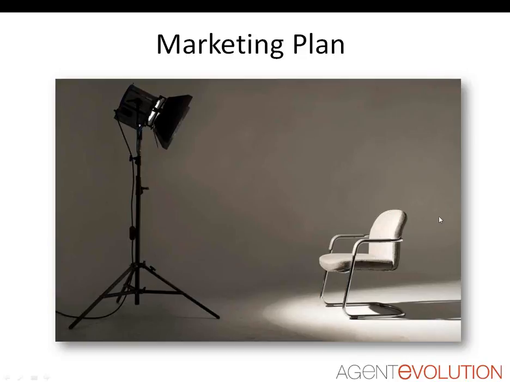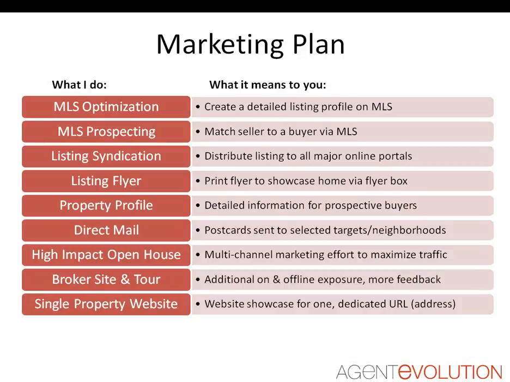And let's take a look at some of the specific things that you could be doing and sharing in your marketing plan. Now you may have a marketing calendar or a marketing calendar example of what you would be doing throughout the process, or you could just be itemizing and showing what you do and what that really means to the seller, because they're definitely going to be interested in how you're going to gain that exposure for their home.